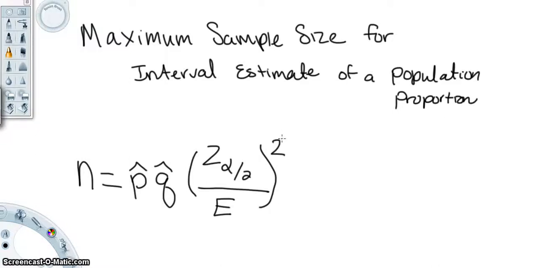If we know what our p hat is equal to, we're going to be using that, but if we don't know what our p hat is equal to, we're going to assume that p hat equals 0.5, and this will assure us that our maximum range is going to be given, because p hat times q hat is going to give us the biggest possible number for right here.